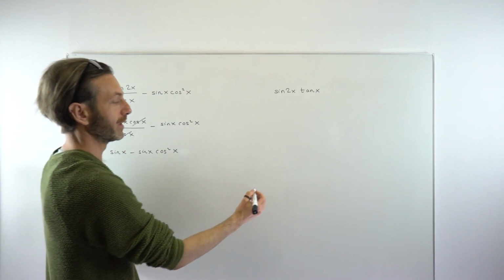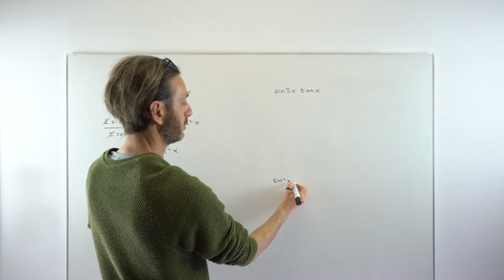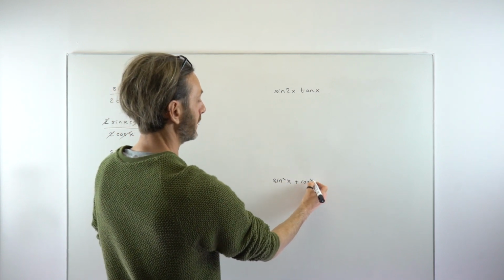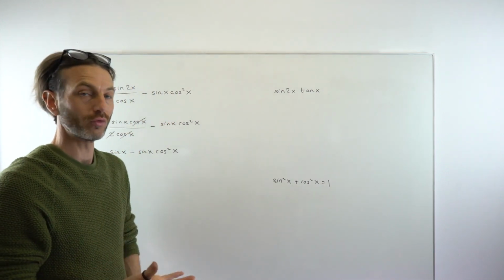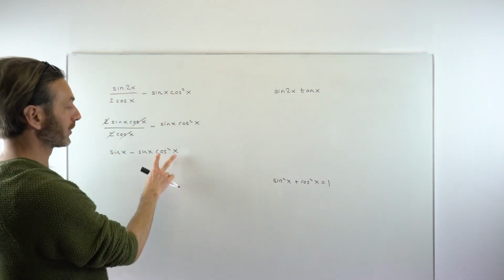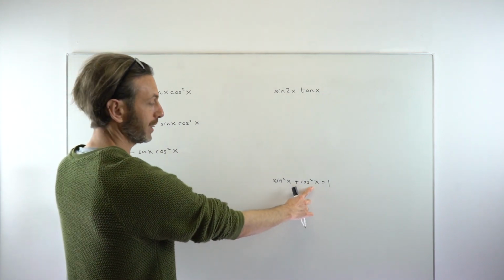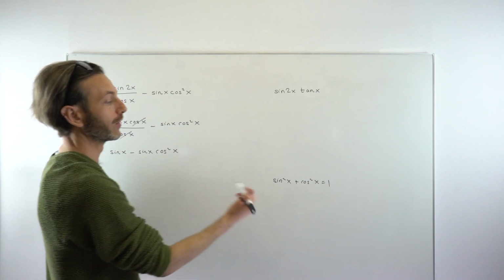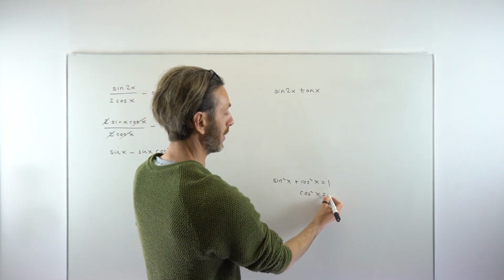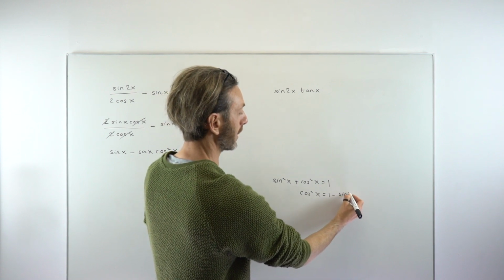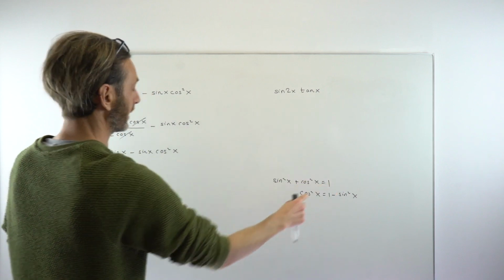Taking for a moment that second formula, sine squared x plus cos squared x equals 1, just keep in mind that this formula can be rearranged, and it's usually the rearranged form that we use. For example, here we've got a cos squared x term. We don't have a sine squared plus cos squared, we've just got a cos squared. But if we rearrange this formula for cos squared x, we would get 1 minus sine squared x. So that's another thing to look out for in these, pulling in one of the other trig identities.